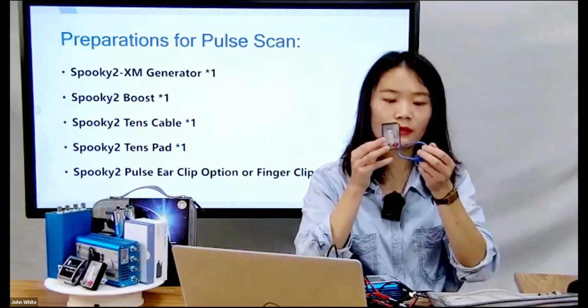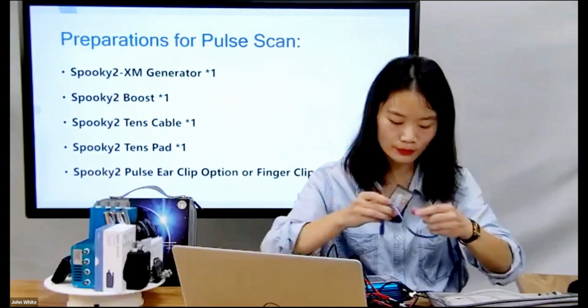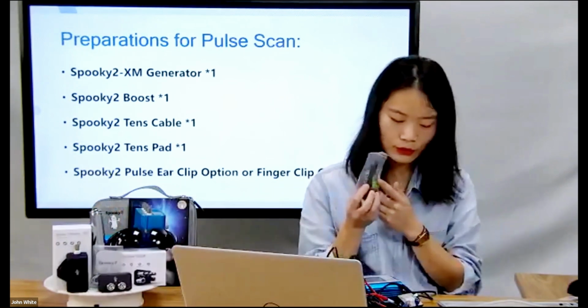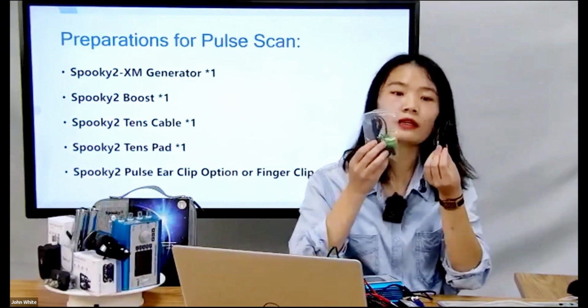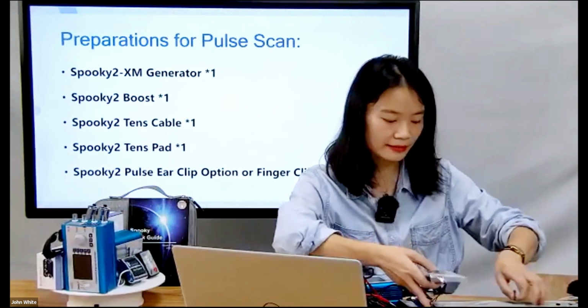This little device with a blue connection cable. This is the Spooky2 Pulse. We can use either ear clip or the finger clip to connect to our body while doing the biofeedback scan.